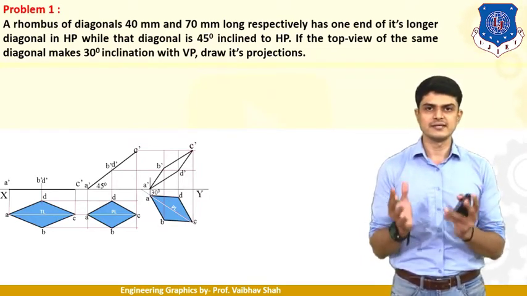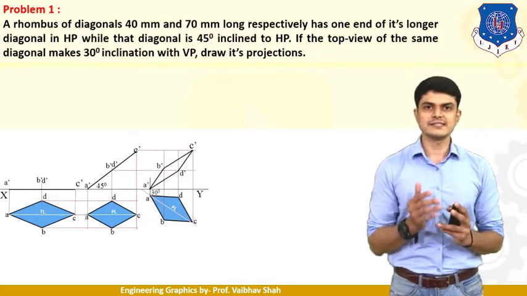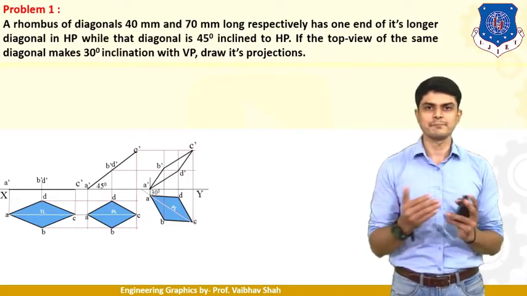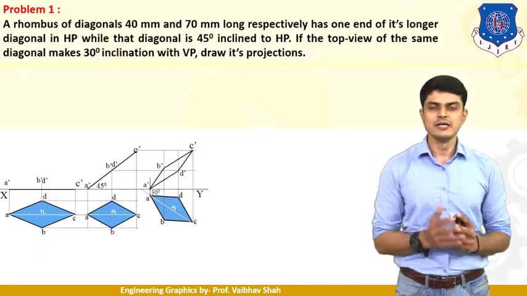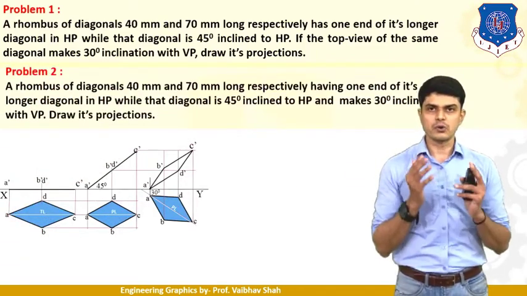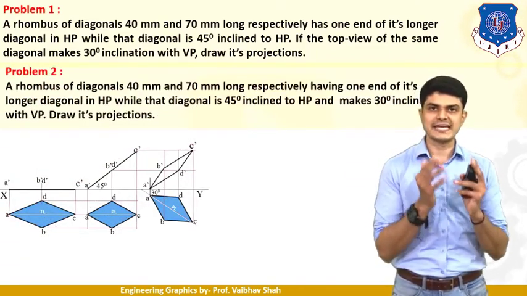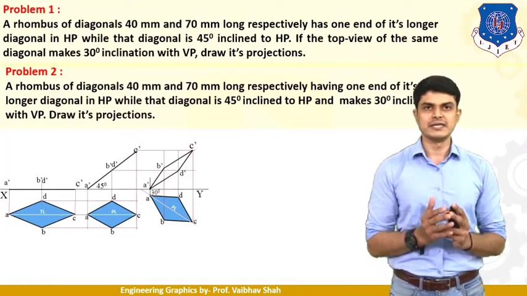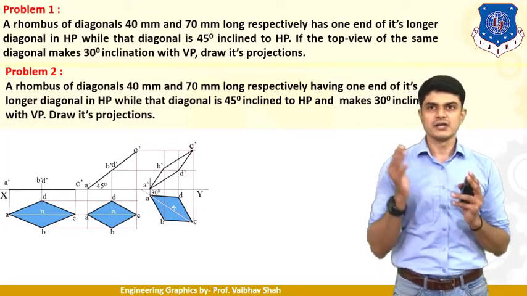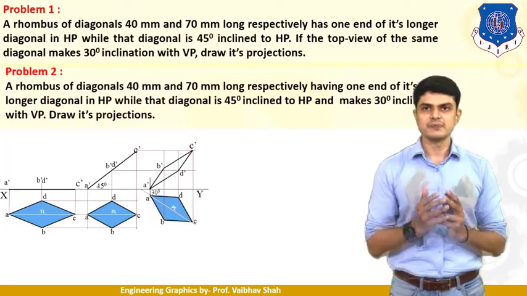So that is it in this example. Now let us see one more similar example and let us compare these both examples at hand. So now example number 2. Problem number 2.